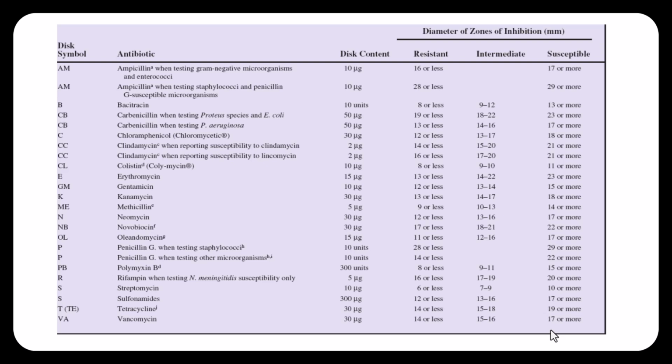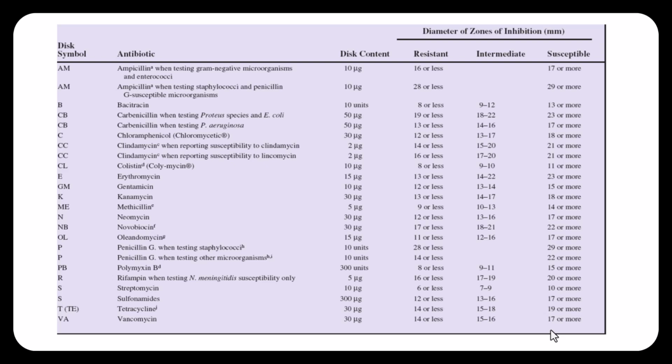For example, using ampicillin for gram-negative bacteria and enterococci, according to these criteria, sensitivity is reported when the zone of inhibition is larger or equal to 70 mm. But if the zone of inhibition is smaller or equal to 60 mm, then the result is reported as resistant.